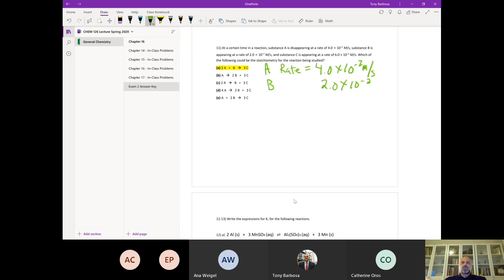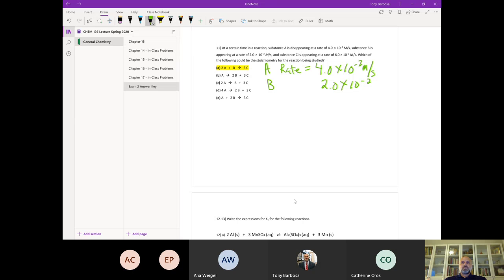It's on Le Chatelier's principle, pages 647, 648 in the textbook, which talks about volume changes and pressure.